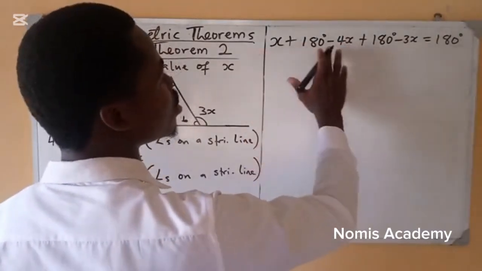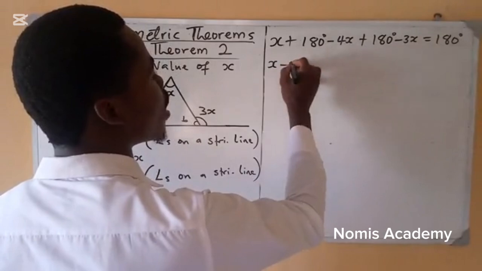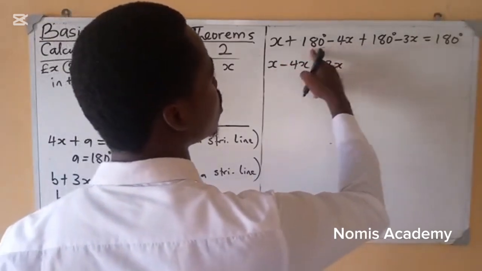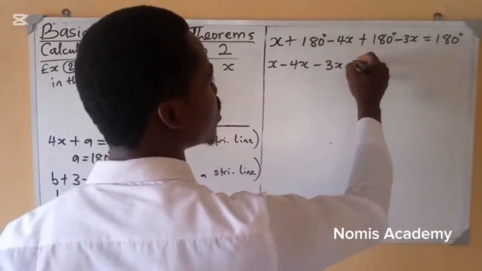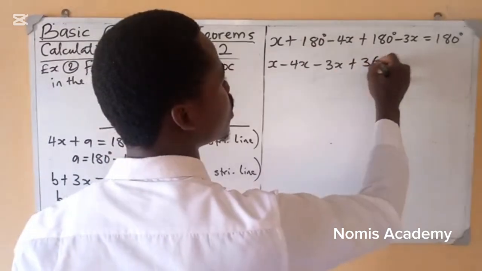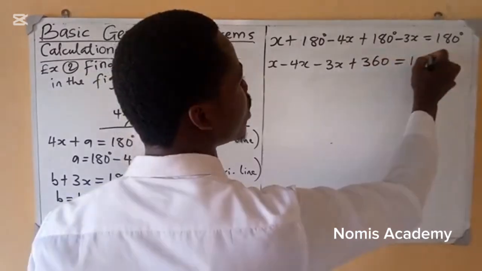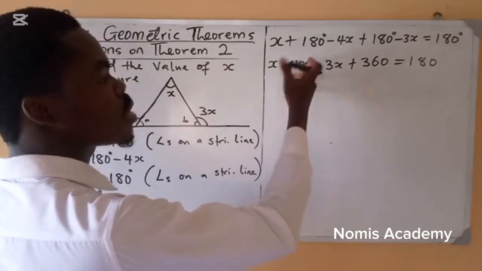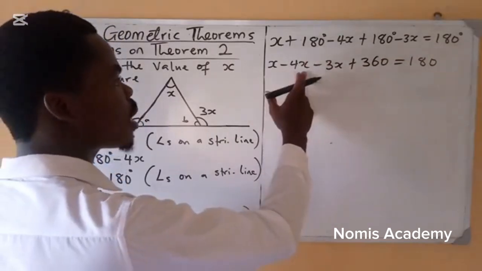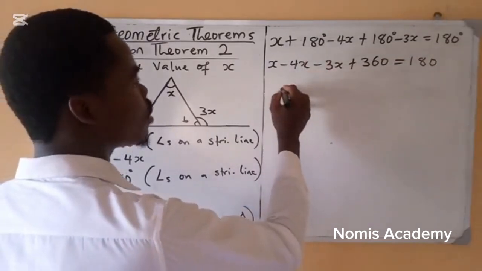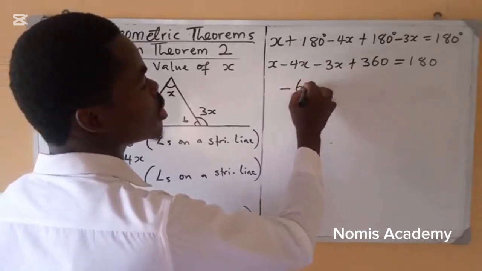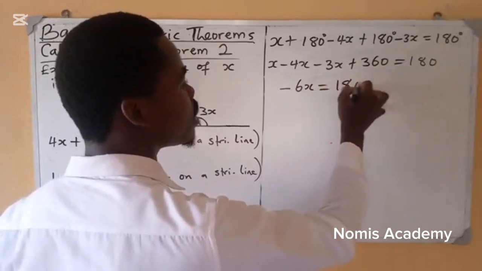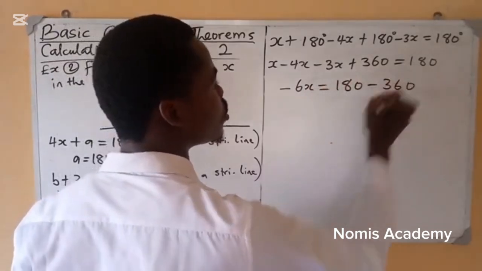All right, so let's collect like terms. Let's bring out the x. We have x minus 4x minus 3x plus 180 plus 180, that will give us plus 360, equal to 180 degrees. x minus 4x is minus 3x. Minus 3x minus 3x will give us minus 6x. Then move this to the other side, we have 180 minus 360 degrees.